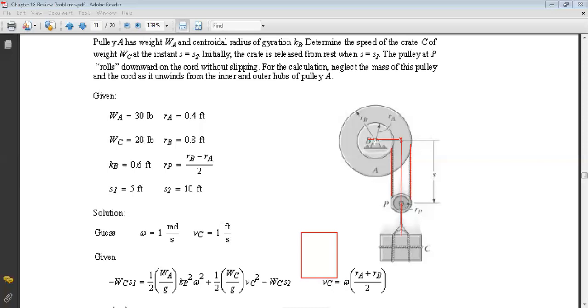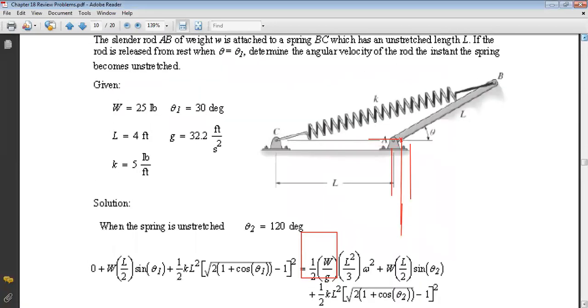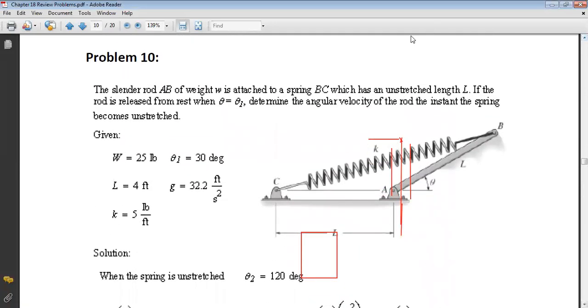I have also another question, number 10. Just I didn't understand the S, how they took the delta S. S of what?